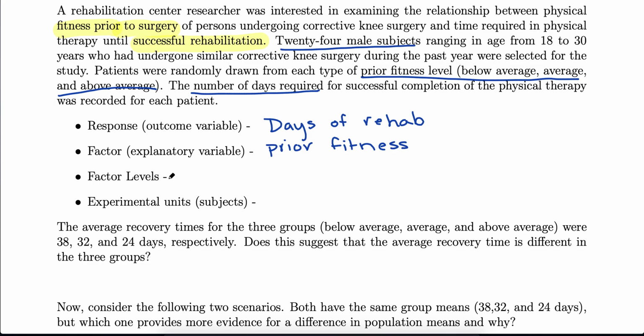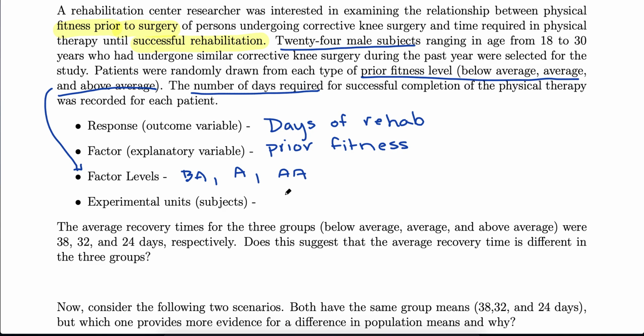Now the factor levels, remember the distinction we had earlier in the semester. Factor is the variable of interest. It's going to influence the response. The levels give the details of the factor. So they tell us here they're classifying people according to some metrics into below average, average, and above average. I'm just going to abbreviate those for now: below average, average, and above average prior fitness.